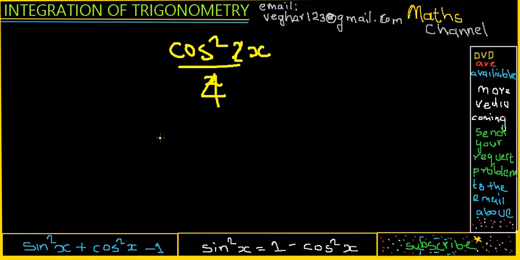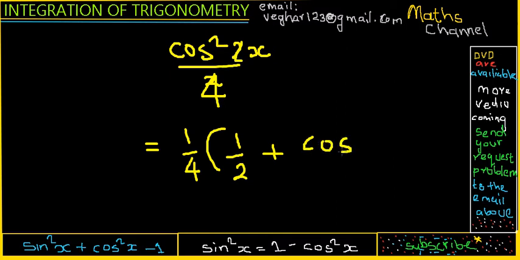So at this point you'll take the 1/4 out, and then here there's a 2, this 2 will multiply again, you'll have 4.